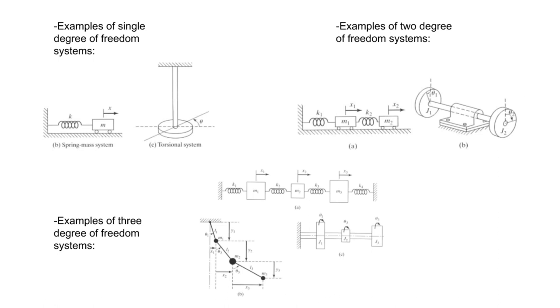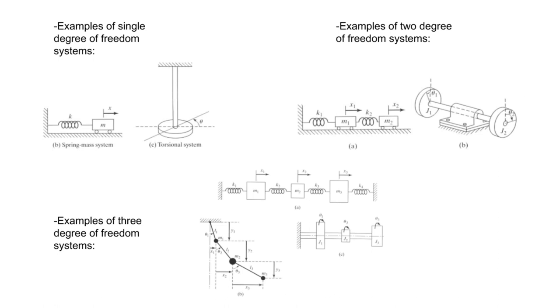In the C diagram, 3 rotors are attached to a single shaft, and they are rotated again with angles theta 1, theta 2 and theta 3. In all these 3 examples, the displacement, whether linear or angular, depends on these 3 parameters. That's why it is a 3 degree of freedom system.